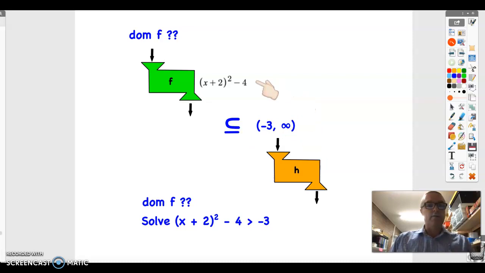So if our function f, this quadratic function, (x + 2)² − 4, is what we're thinking about, we need all of the values, for whatever x is, we need all of the values of that expression to be no less than -3, in fact always greater than -3. So essentially we need to solve this inequation. We need to know when (x + 2)² − 4 is greater than -3. For what values of x is that true?